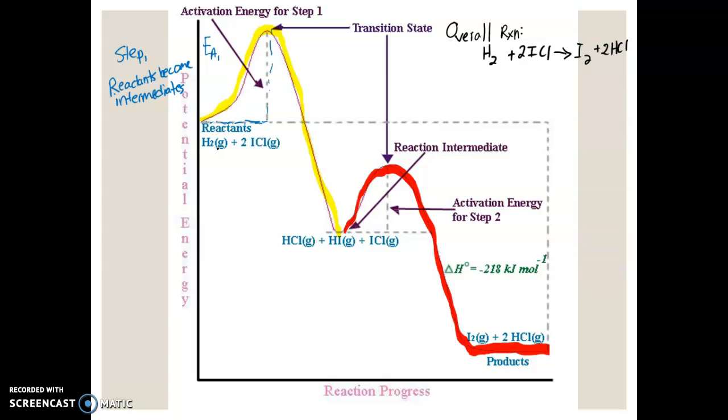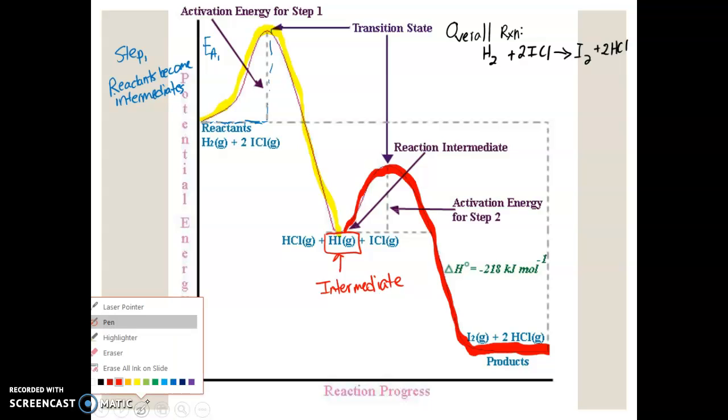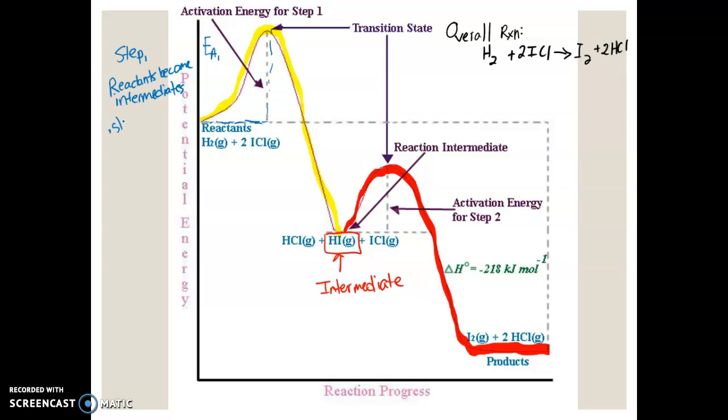So here, after step 1 finishes, I have an intermediate that forms, and that intermediate is the HI. So reactants become intermediates. This is also going to be a slow step. We'll talk more about what it means to be a slow step in a little bit.